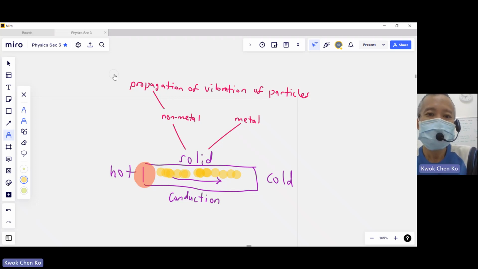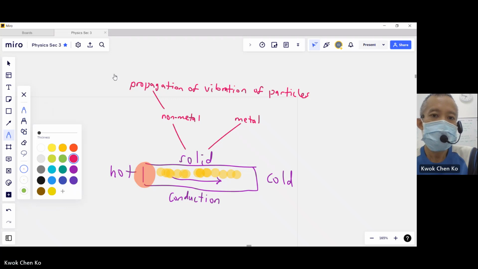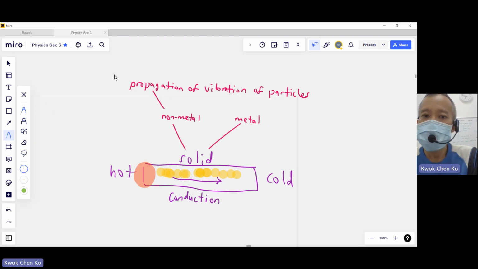And what else? That's for non-metal. But how about metal? For metal, you have the same thing. Vibrations will spread from left to right, but there's something extra. For metal, they also involve the movement of free electrons.